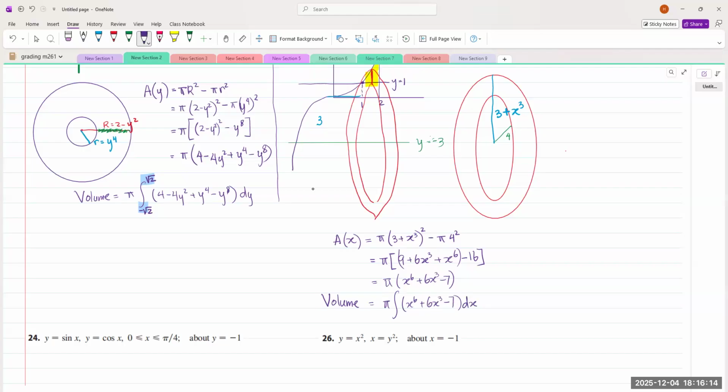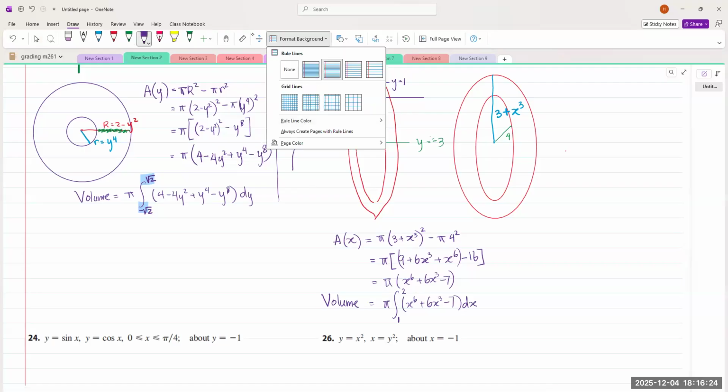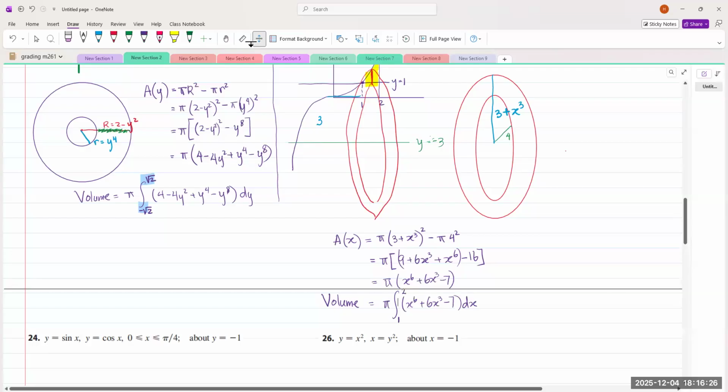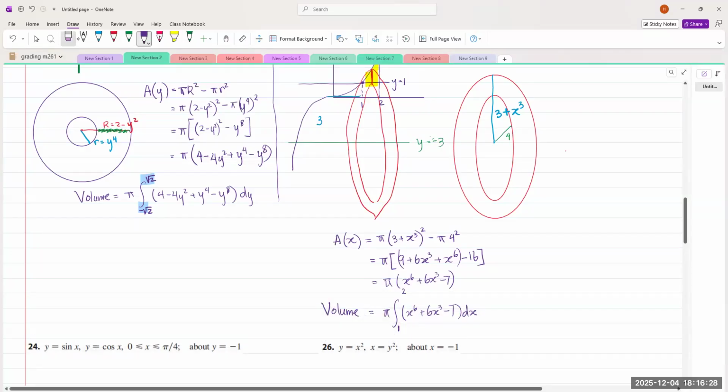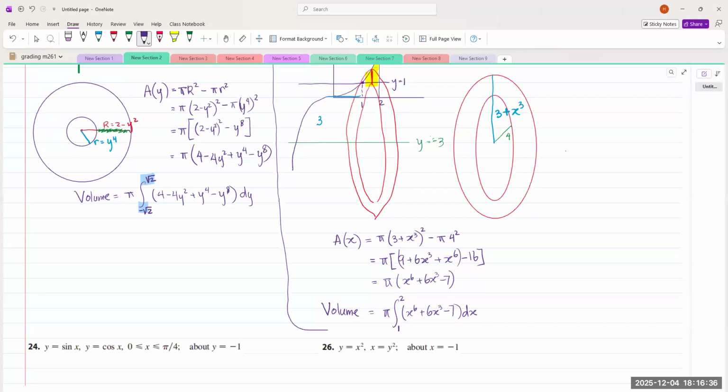The limits of integration is from 1 to 2. Now again, I don't go through the integration, but it is assumed that you are able to do it on your own. Let me box it here.